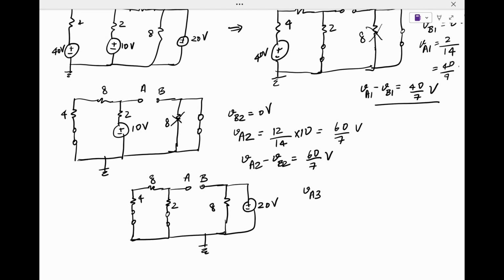There is an open here, and then it's connected directly to the ground with the 8, 2 and the 4 ohm resistance. So basically the voltage A3 would be 0 volts. So VB3 is going to be, you can see that B is directly connected to the 20 volt voltage source, so that becomes 20 volts. So with this, VA3 minus VB3 would be minus 20 volts.